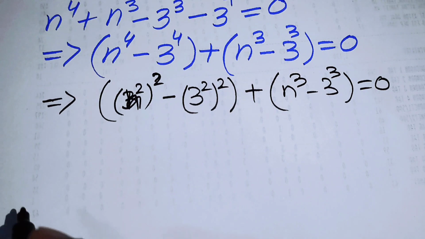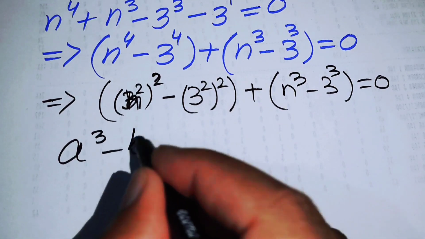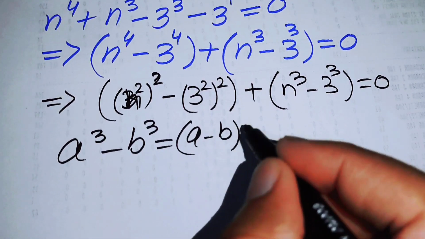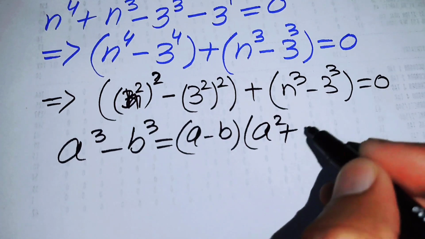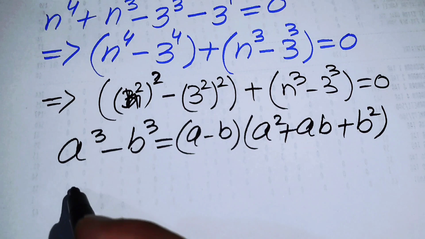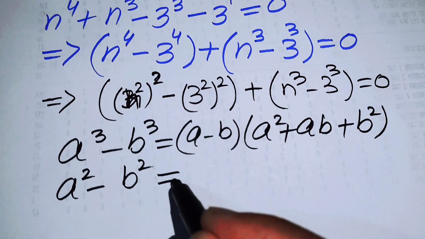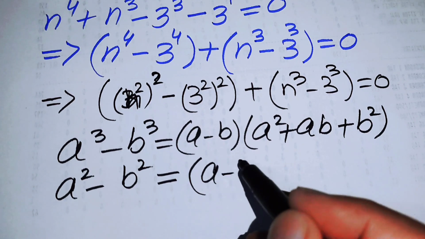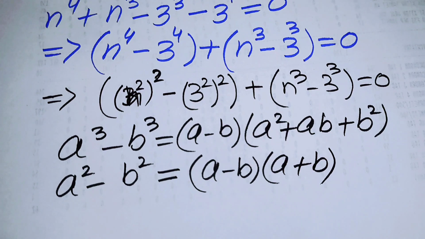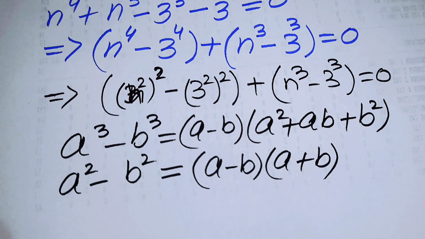And now we can use the two nice formulas. The first one is, if we have a cubed minus b cubed, it is equal to a minus b times a squared plus ab plus b squared. And similarly we can apply another square formula, which is a squared minus b squared, it is equal to a minus b times a plus b. So now first I can apply the square formula in the first term.